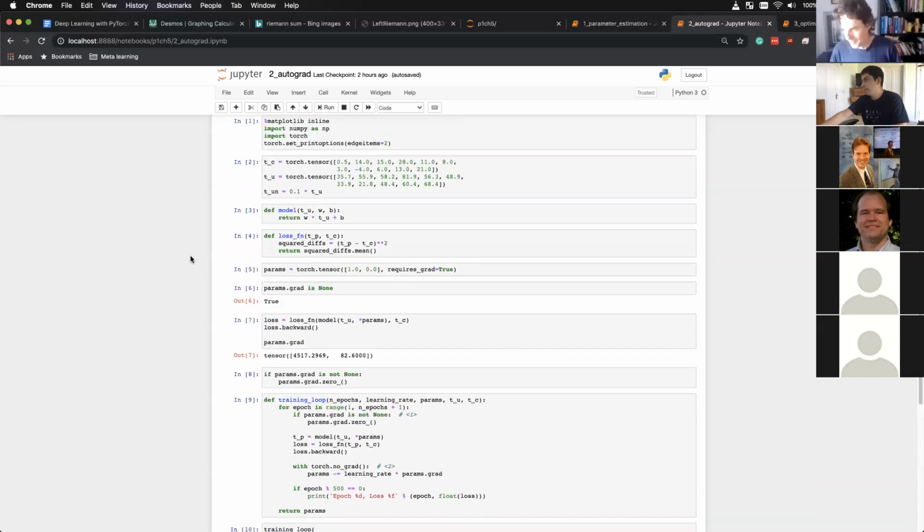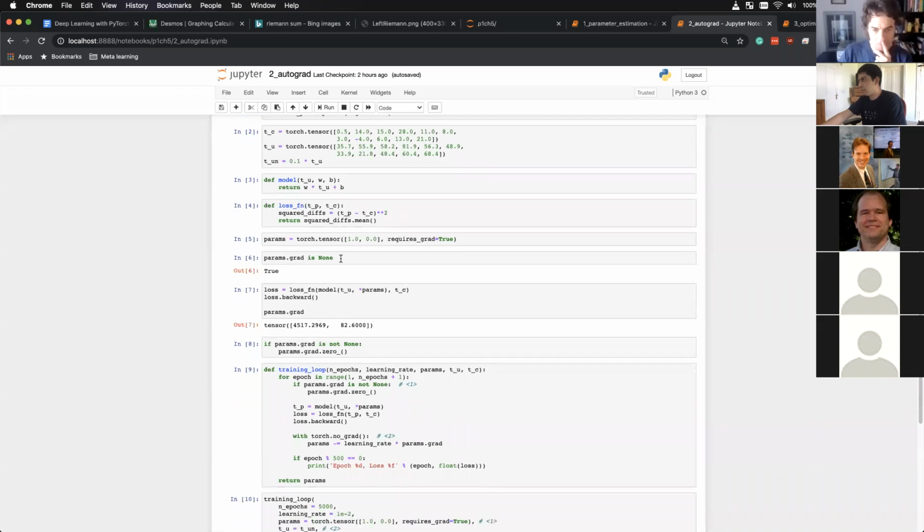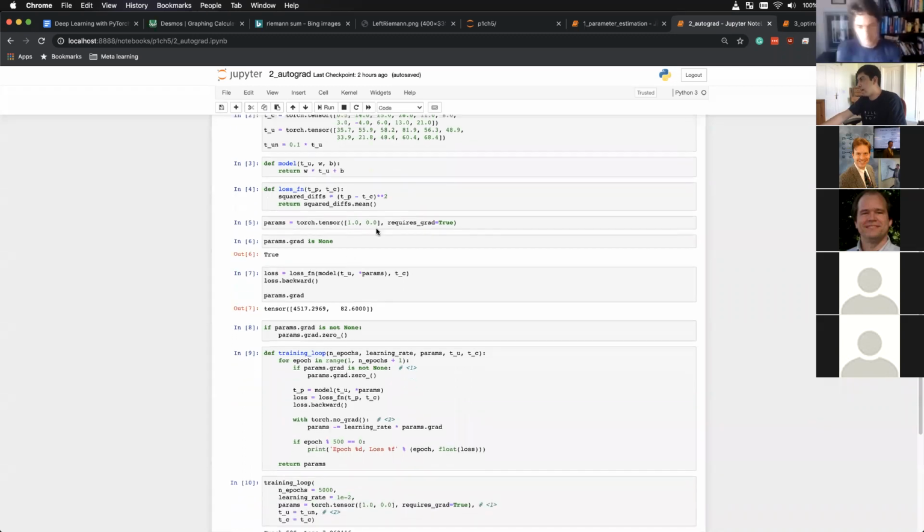So looking at the PyTorch AutoGrad stuff again, we've got our model laid out, we've got the loss function. All we have to do is make sure that we've got some equation that outputs a number and follows a path that is in some way differentiable. And then PyTorch will just figure out the rest for us.